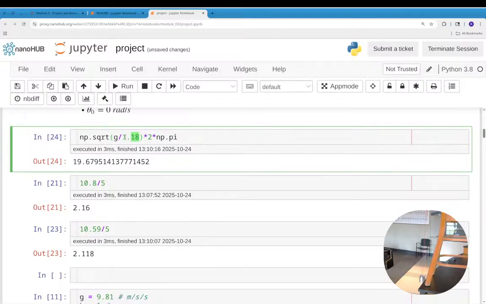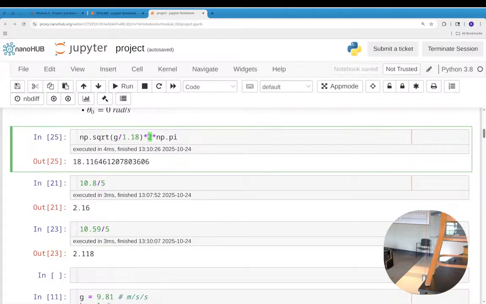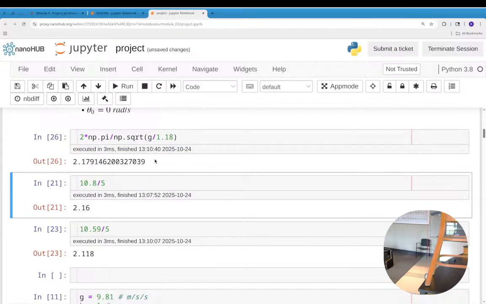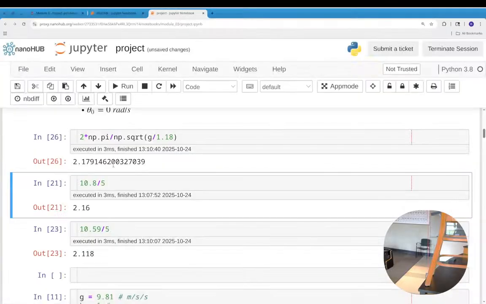Or what was your L that you used? Was it 1.18? Yeah, 1.18.